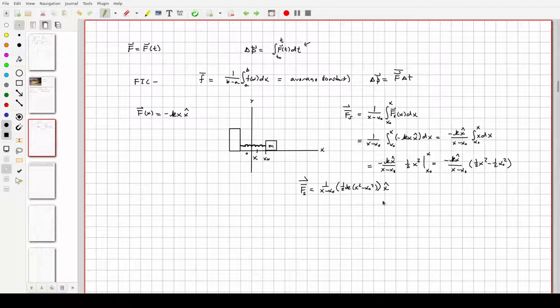So this is something you could plug in, dealing with a spring. And this is just a number. You put your initial and final positions in there, and that gives you the average force between those two places.